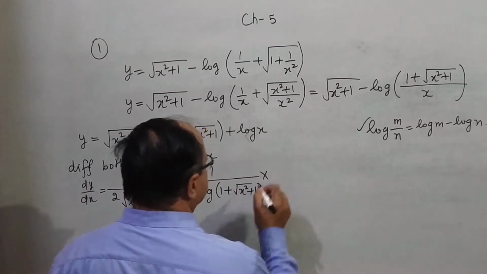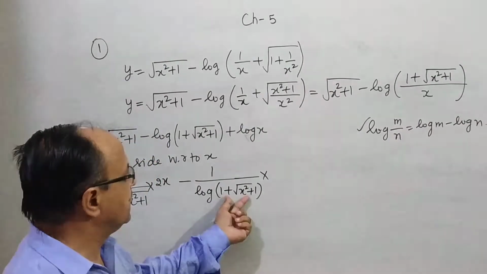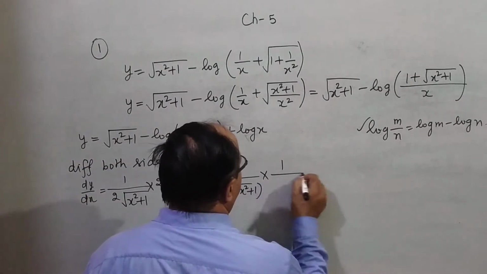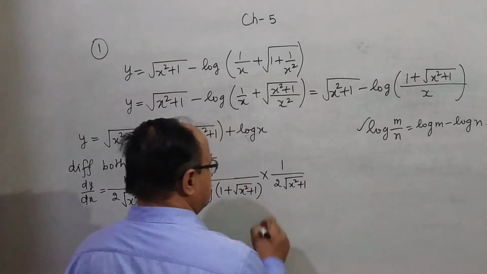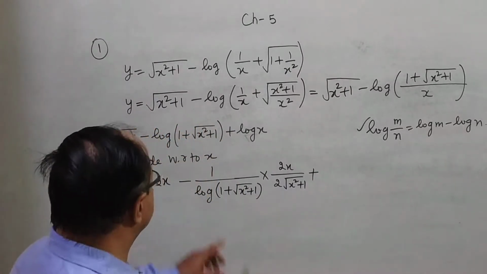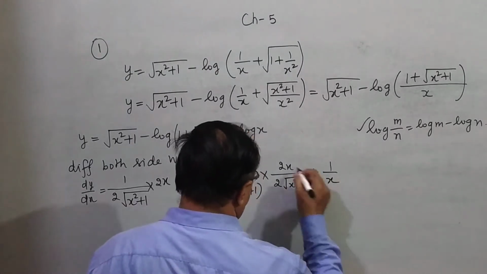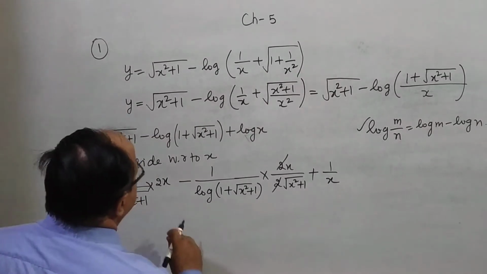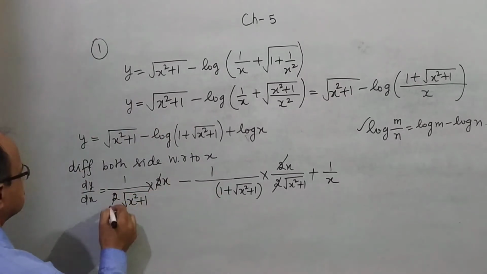And the derivative of this 1 plus root x square plus 1 is 1 by 2 root x square plus 1, and the derivative of x square is 2x. Now the derivative of log x is 1 by x. 2 to 2 cancel. Clear? And the derivative of log x is only this part.